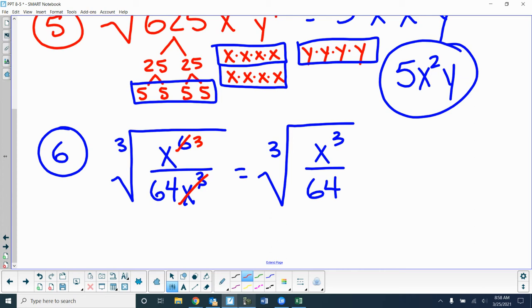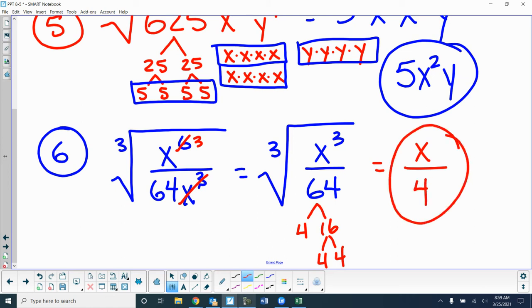Now, what's 3 divided by 3? 1. So there's going to be an x in the top. And 64 is 4 times 16, and 4 times 4, I got a group of three 4s. So what's the cube root of 64? 4.